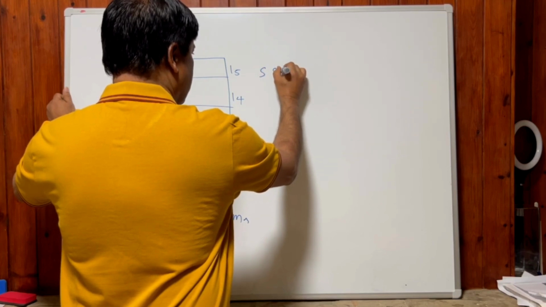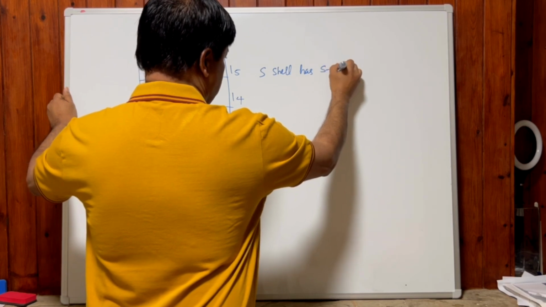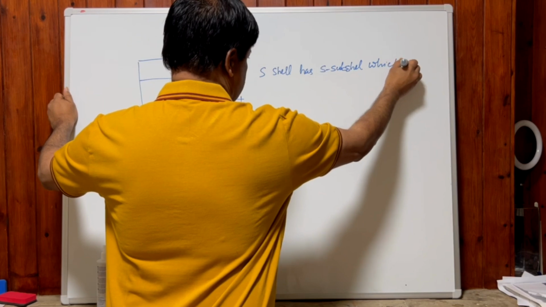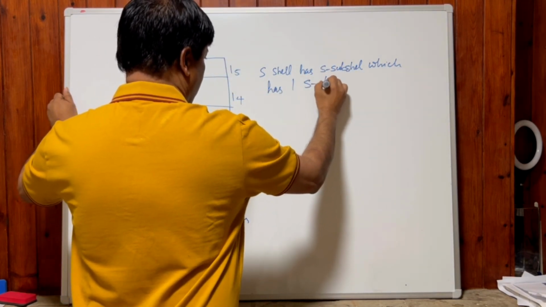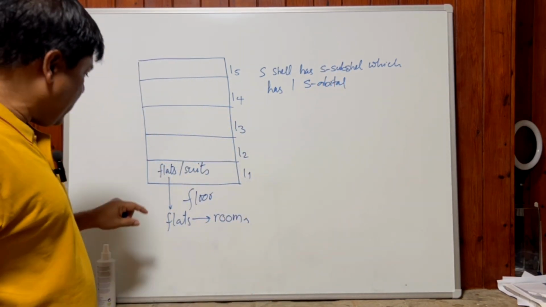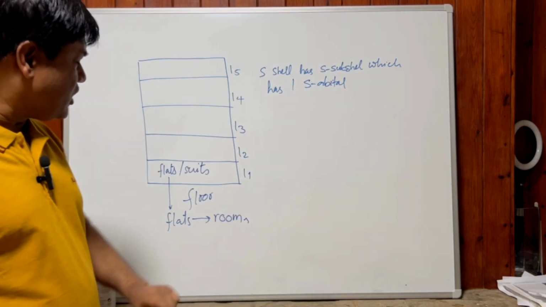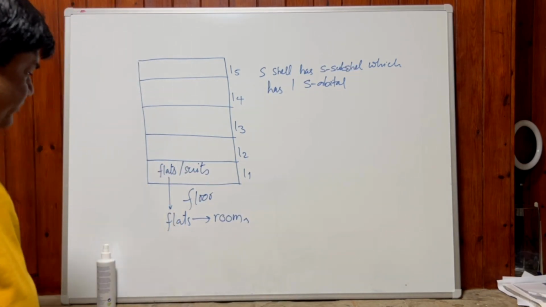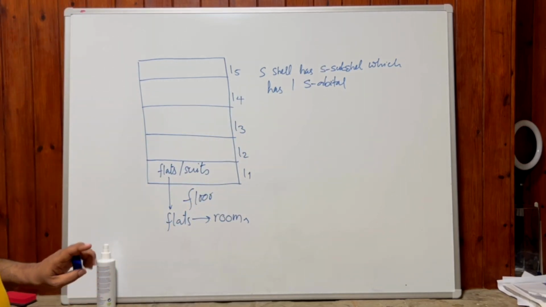S shell has S subshell, which has 1 S orbital. You can assume that level 1, which is the S shell, has 1 subshell, so it has 1 flat, and that flat has how many rooms?